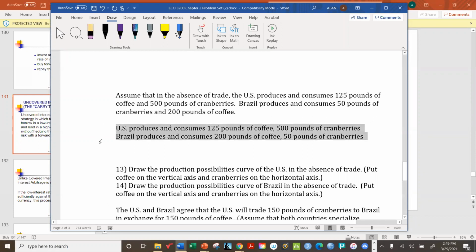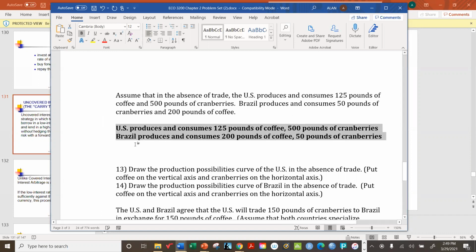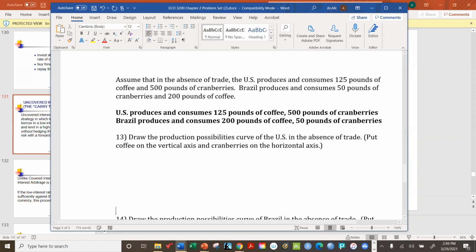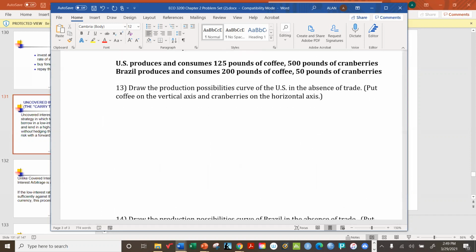All right. Now, for this part, we're being asked to draw some pictures. So before trade takes place, this is what we need to know. First of all, in order to describe the axes, we need to know the limits that they can produce in each country. So in other words, we'll put coffee on the vertical axis.